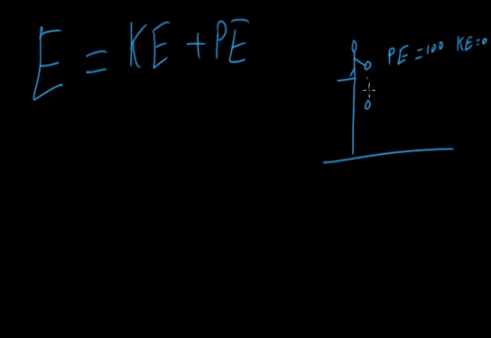When you drop it and it gets to here, it still has potential energy because it still has the ability to go down, but that is lower, and the kinetic energy is higher. And then right at the moment it strikes the ground, you have no more potential energy, and you have a great deal of kinetic energy because you're moving really fast. That's the idea, that the total energy in a system is equal to the kinetic energy plus the potential energy.